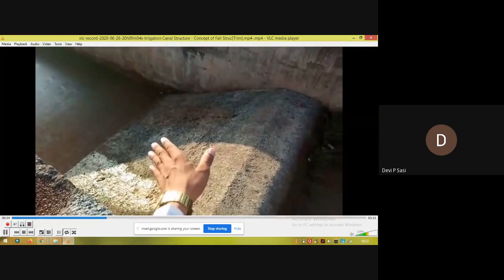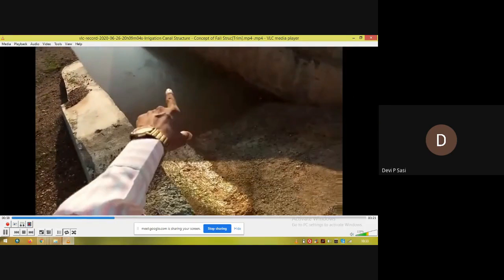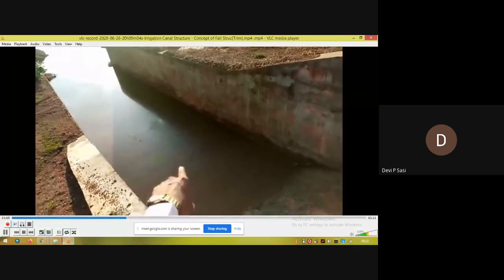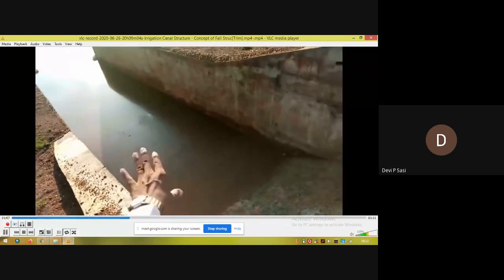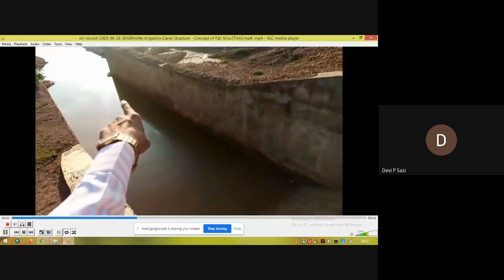This is a crest. From the crest, the water flows towards the cistern, and in the cistern, the surplus energy or the excess energy of the falling water is dissipated.